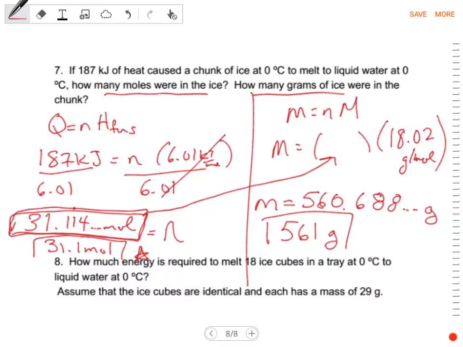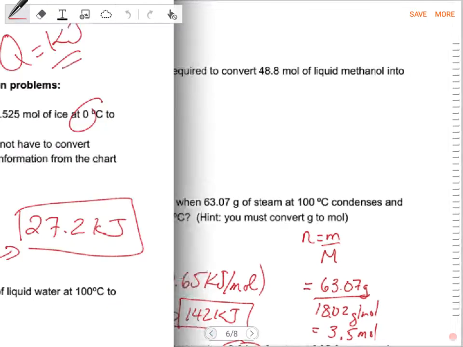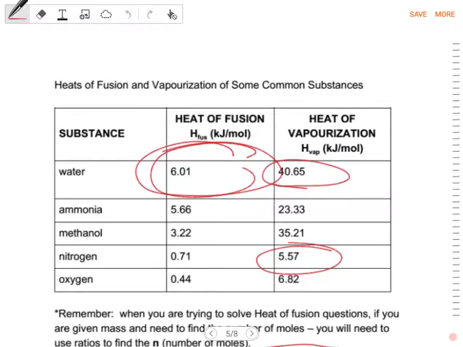Anyway, everybody, I hope that you're starting to see how the algebra has crept back into play. For vaporization and fusion, the biggest thing is you need to figure out whether you are dealing with fusion or vaporization. Once you have that, you can go back to this table and find the appropriate value that you have to use.